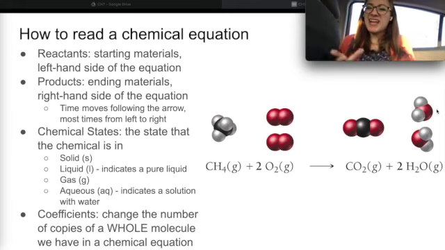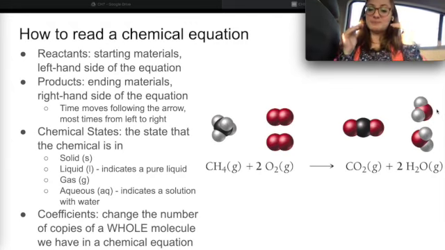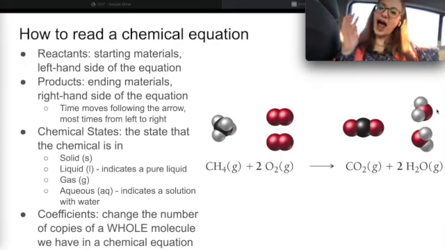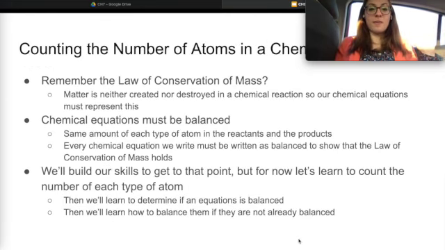So if we just say CH4 plus O2 gives us CO2 and H2O, we aren't really representing what's happening in real life. What's happening is that our methane is going to react with 2 oxygen molecules, not just 1, because we want to make sure that we're always indicating that our chemical reactions follow our favorite topic, the law of conservation of mass.